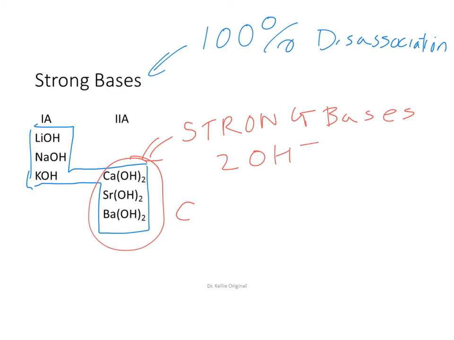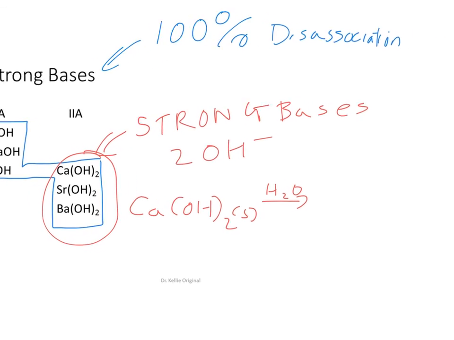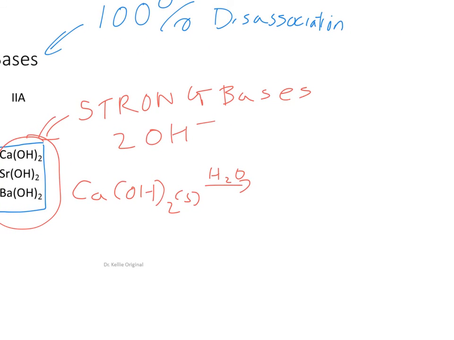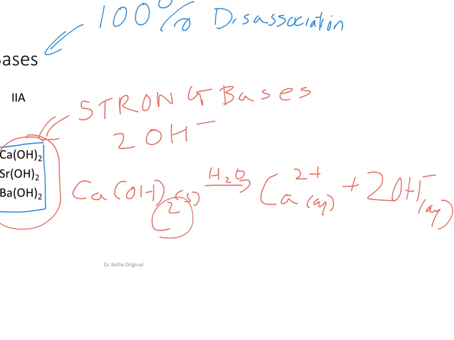For example, if I was to write the dissociation reaction for calcium hydroxide, I place my calcium hydroxide in water, and I get the calcium ion plus 2 hydroxides, because I have 2 hydroxides there. So be aware that when you place calcium hydroxide, strontium hydroxide, or barium hydroxide in water, you are going to get 2 hydroxide units out.